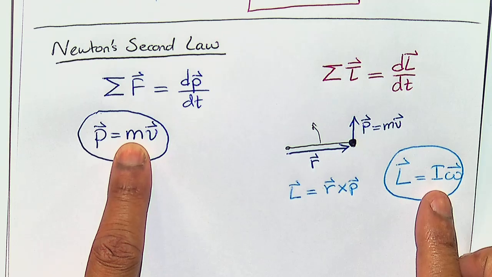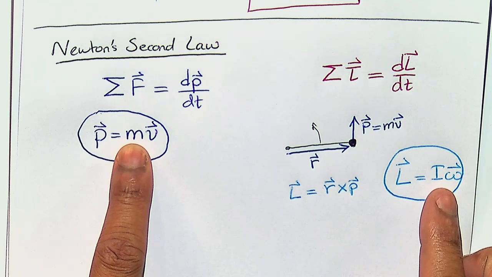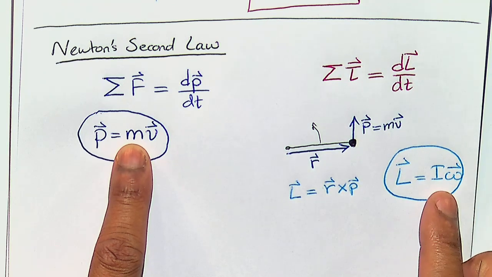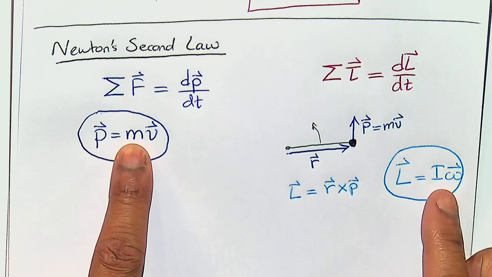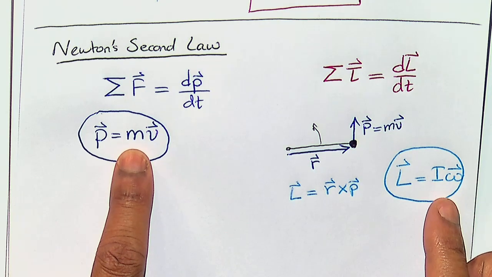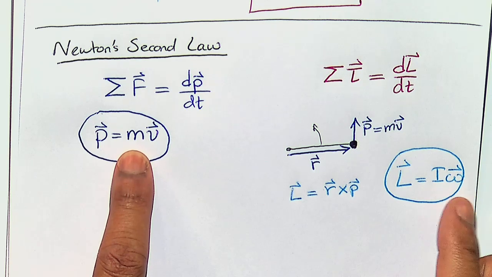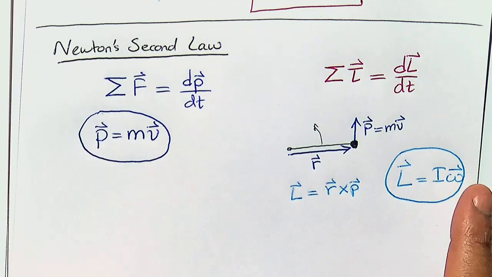It's the equivalent of mass for rotation. If something has more moment of inertia, it's more difficult to get it to rotate. And it's also very difficult to get it to stop rotating, right? For instance, the Earth has a very large moment of inertia. That means if you want to stop the Earth from rotating, it's going to take considerable effort. Then the velocity is velocity: this is linear velocity, this is angular velocity, right?